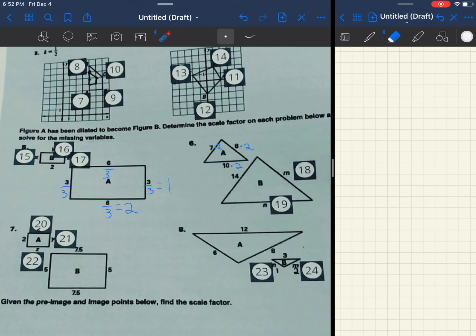Okay, so let's look at number 20. Here, it doesn't give us a number. It just has x. Okay, so I don't know what this number is. I have to find out what this side is. But I know that if I multiply this side by 2.5, I will get this side. So over here, I'm going to do that. X, I don't know what it is, but I know when I multiply it by 2.5, I'm going to get 7.5.